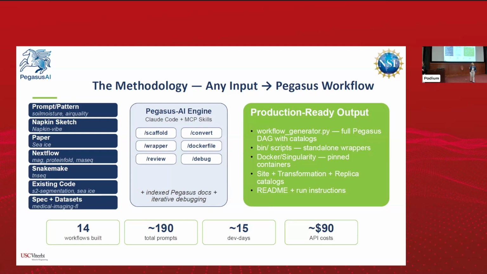Then she developed these skills based on the different patterns that I showed you before: napkin workflows. She took a paper on sea ice surface. We're working with a scientist to make sure that the results are valid on that, and we have a call on Friday to talk about this.